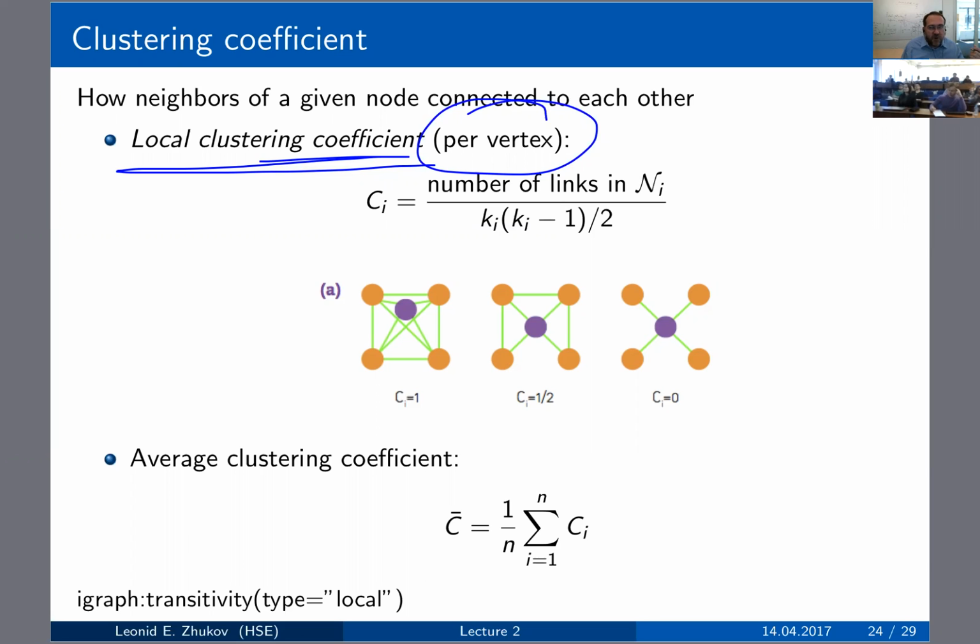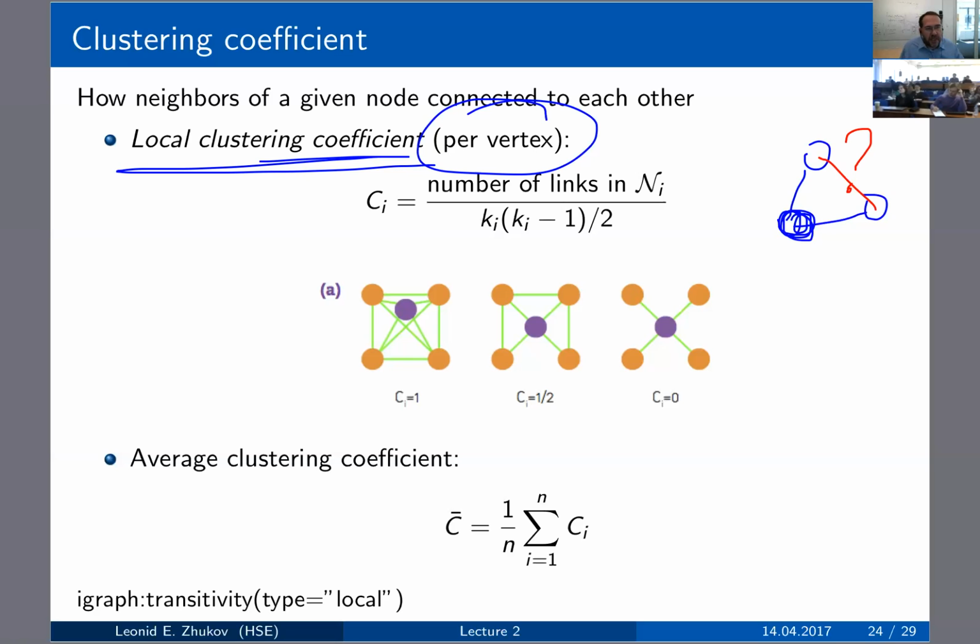Now, what does it tell us? The local clustering coefficient tells us about the neighbors of a node. When you have a node and 2 neighbors of this node, so you have 2 friends, the clustering coefficient tells us the probability that they are connected.